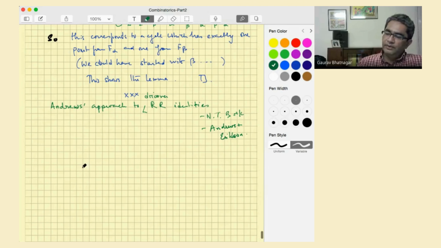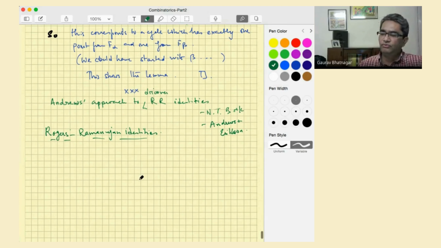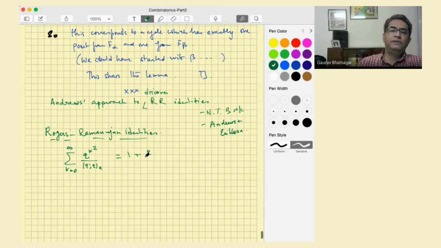Okay, so first of all, what are the Rogers-Ramanujan identities? Hardy called them the most beautiful identities, and essentially, what they are is this. I'll just write down a few terms.